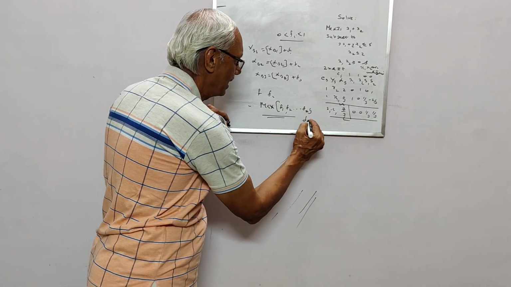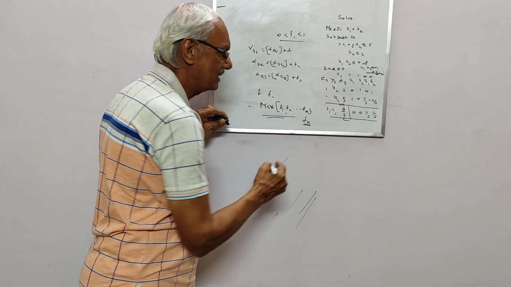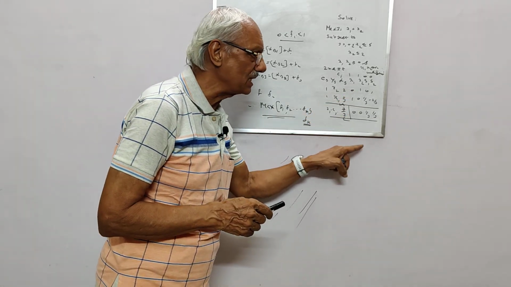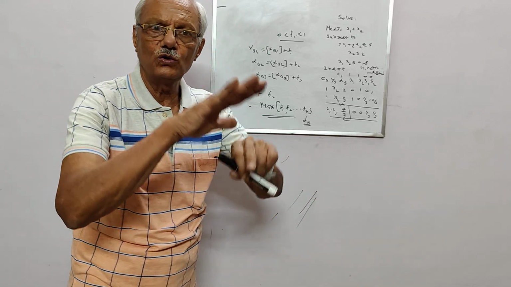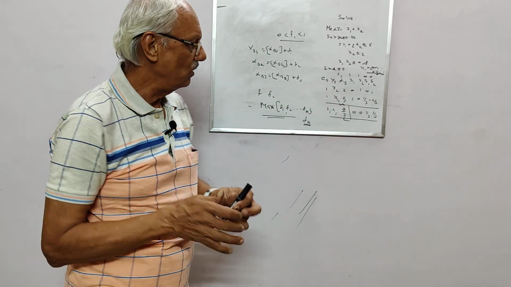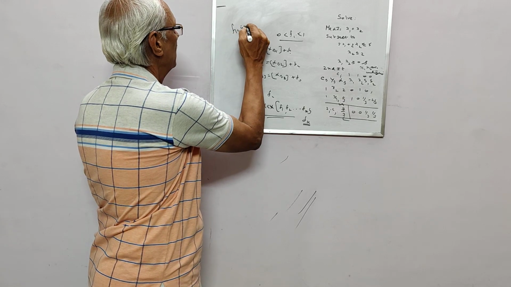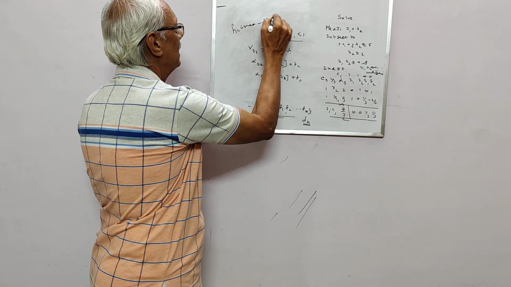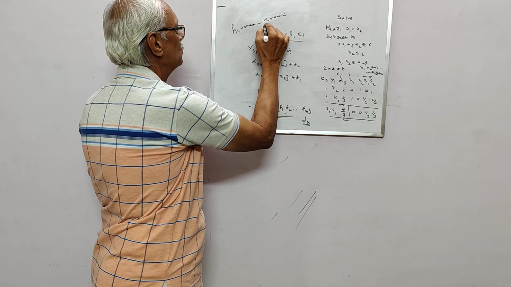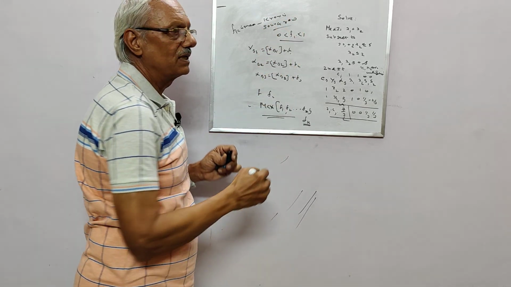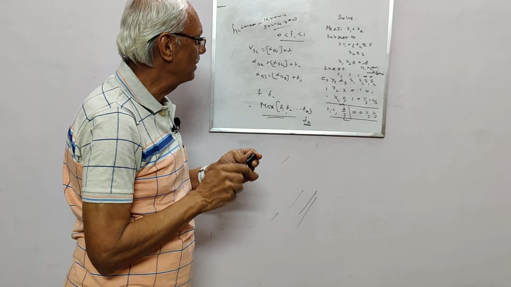Let us say fk is the maximum. Then choose the kth row as your source row. If fk is maximum, then the kth row is the source row. Are you able to understand?